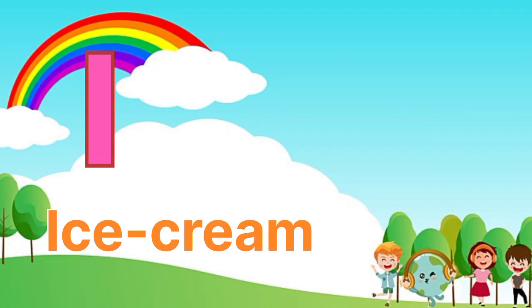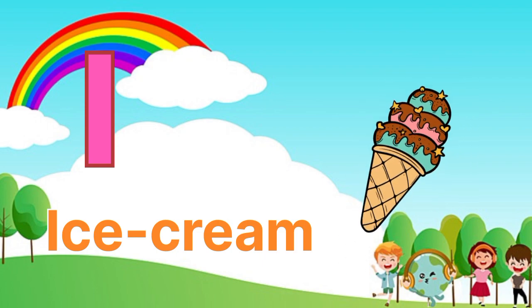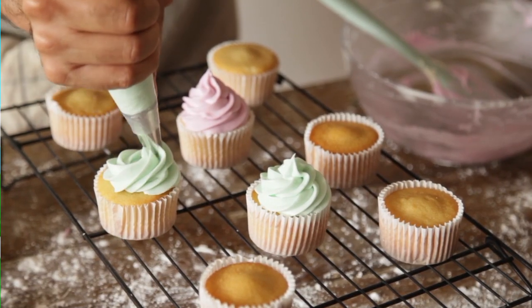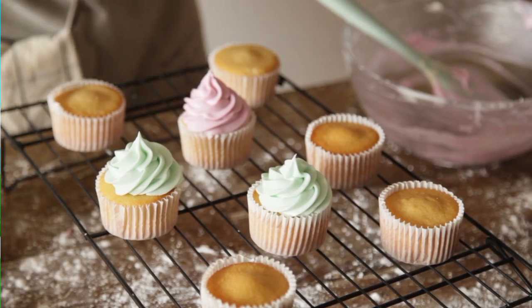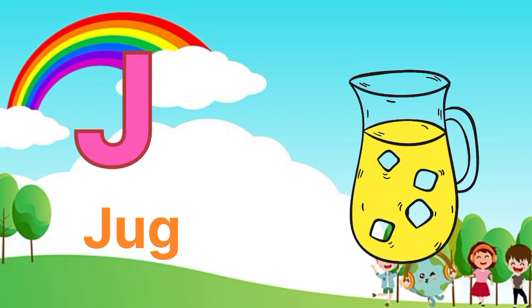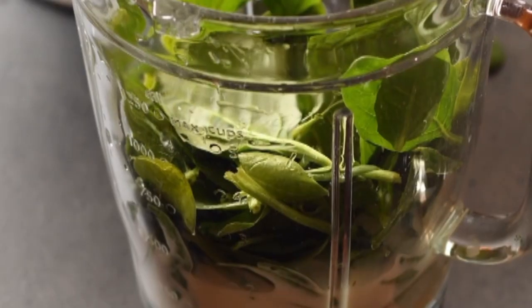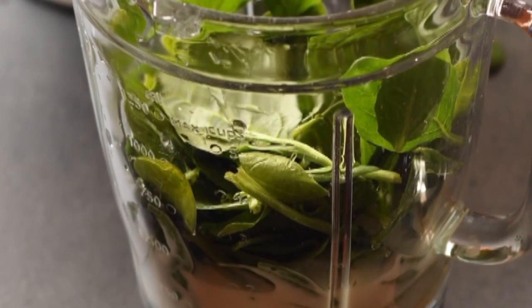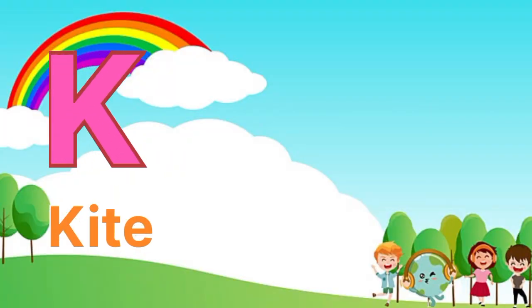I for ice cream. I for ice cream. J for jug. J for jug. K for kite.